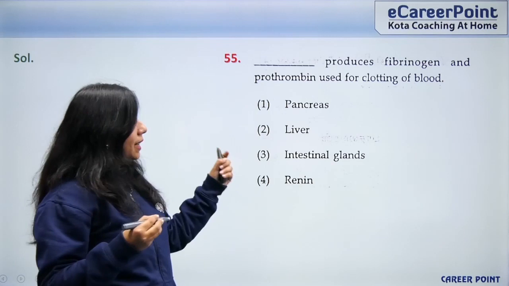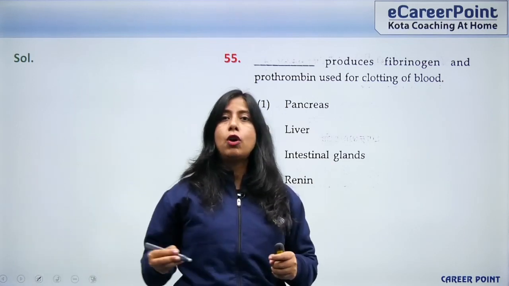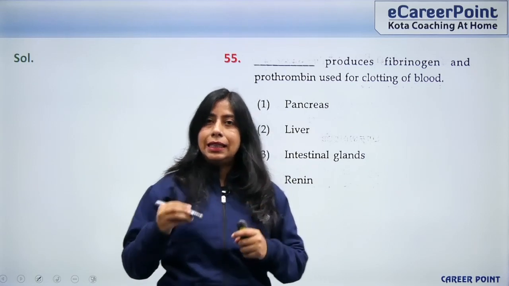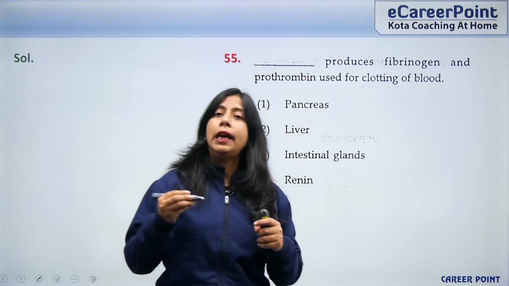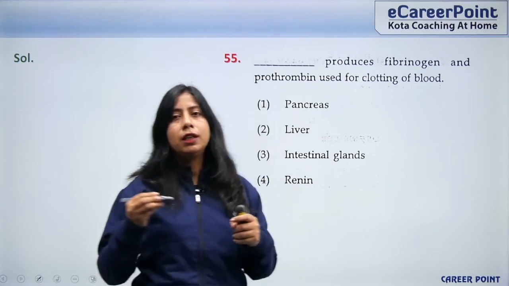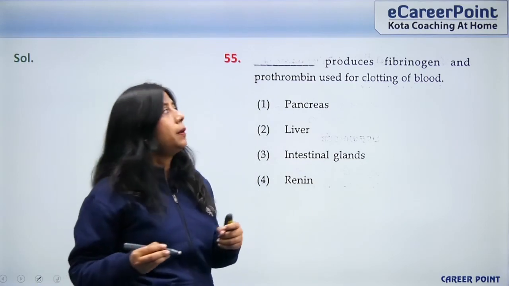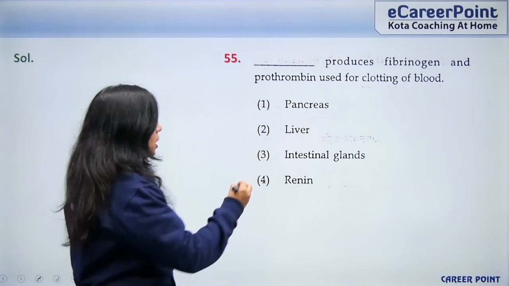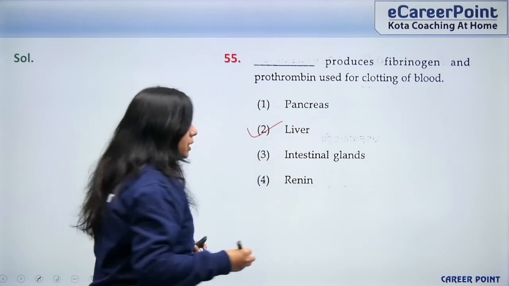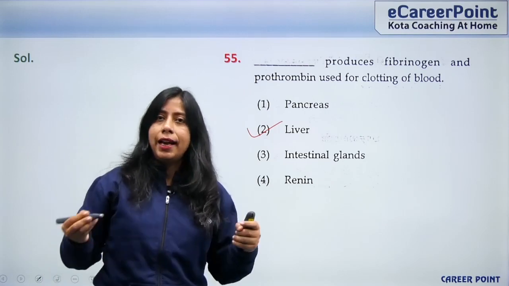Next question is, dash produces fibrinogen and prothrombin used for clotting of blood. These are required for the clotting of blood. In clotting of blood, prothrombin converts into thrombin, fibrinogen converts into fibrin, but where are they produced? They are produced in the liver. Straight, direct question. Here, pancreas is a heterogland.